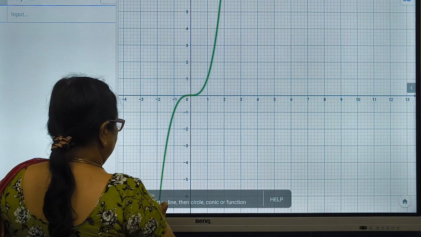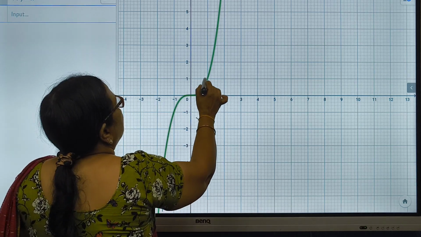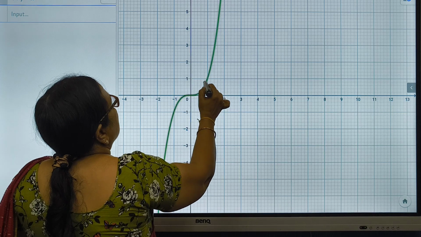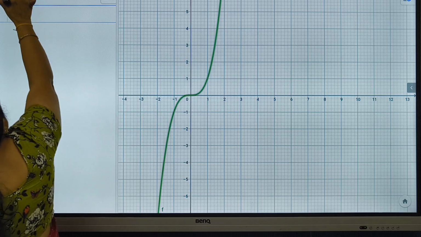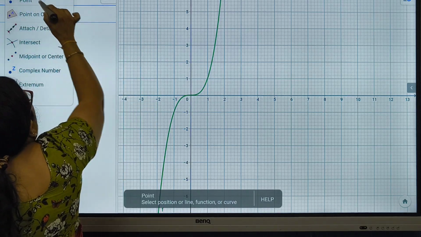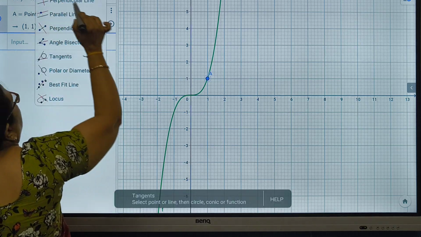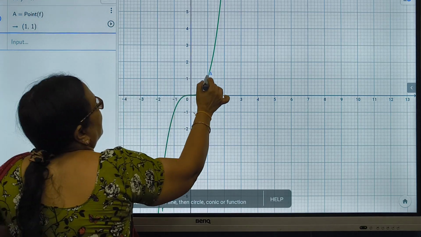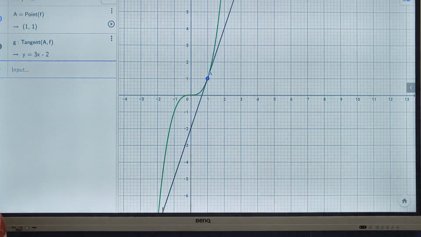I've chosen the tangent line. Select point or line. Okay, select point. I'm going to select this point. Okay, I want to draw a tangent at this point. Okay, so I got a tangent.